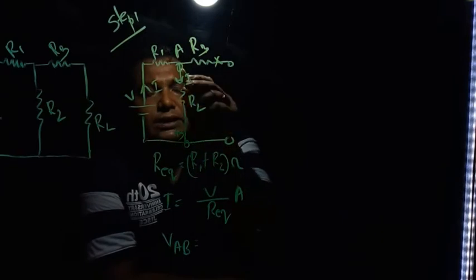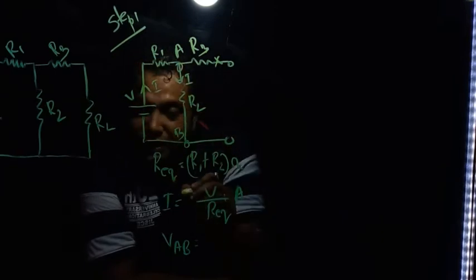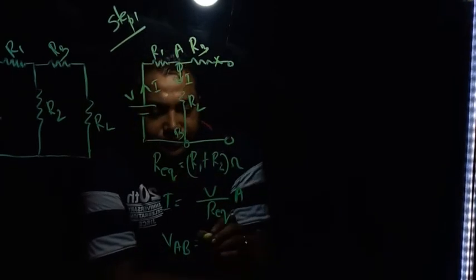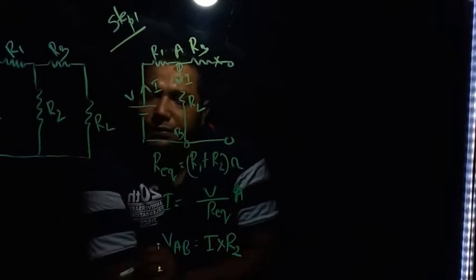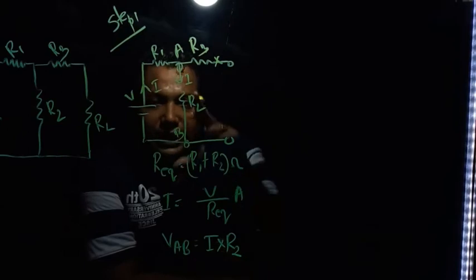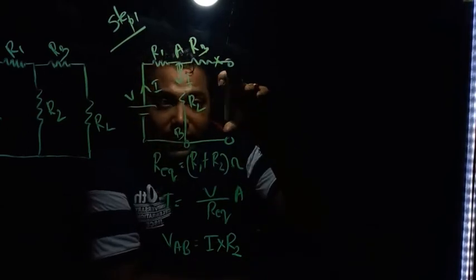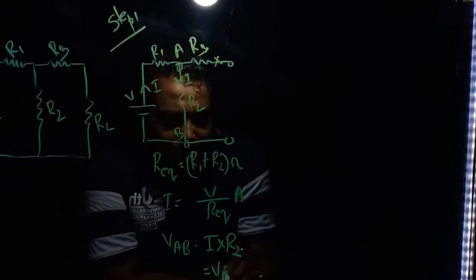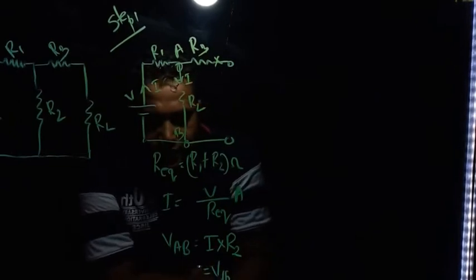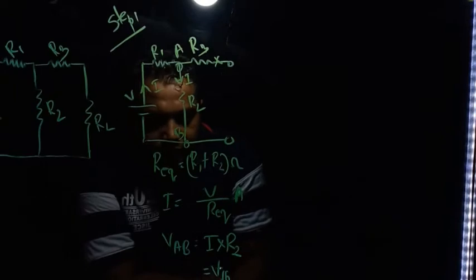The voltage across AB is equal to the current passing through the AB terminal times the resistance across it. So the current I into R2 will give us the voltage across this terminal, and that voltage is appearing over here. That voltage is known as VTH, Thevenin's voltage.